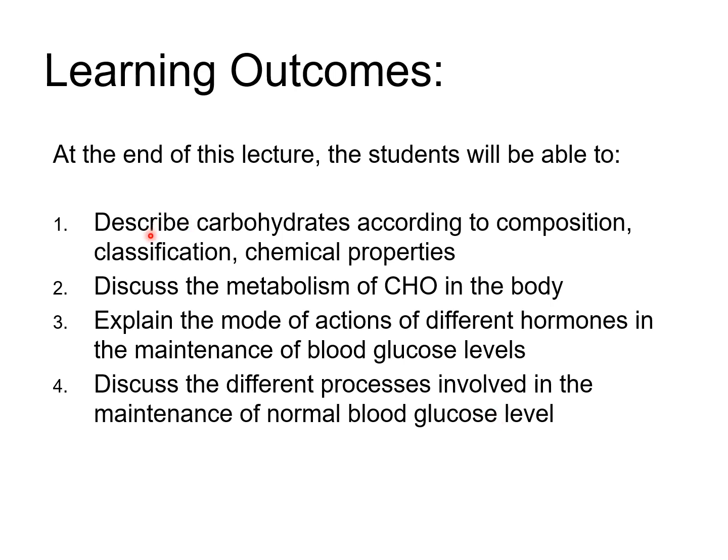As you can see, the learning outcomes of numbers 1 and 2 are learned already in your previous subject, and that is biochemistry. So in my first few slides, this is just an overview or a review of what you have learned from your previous subject.